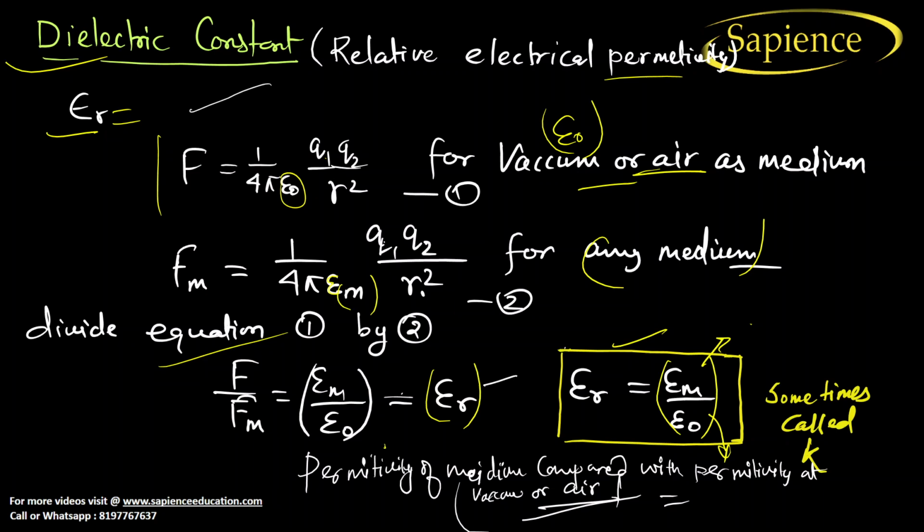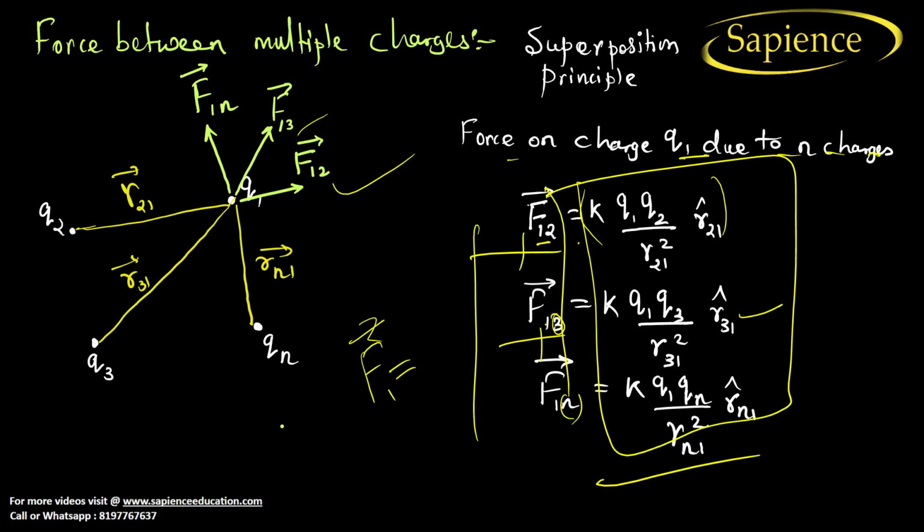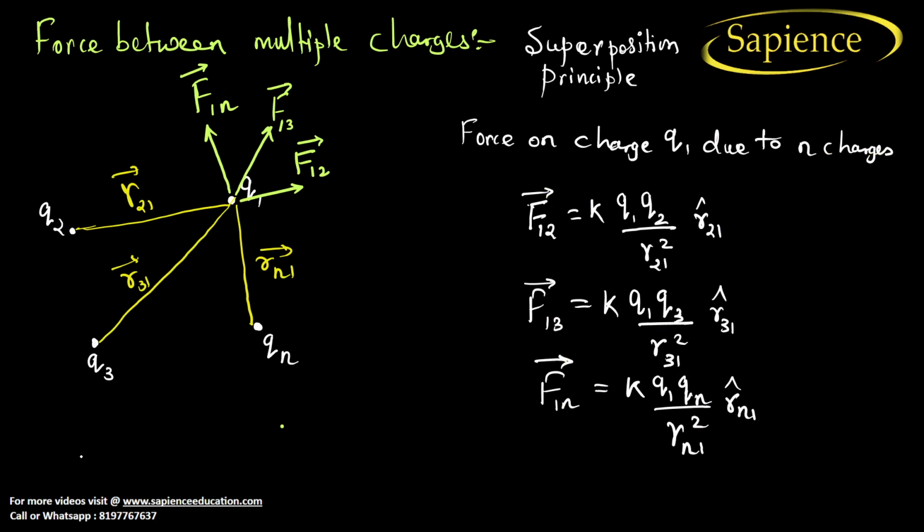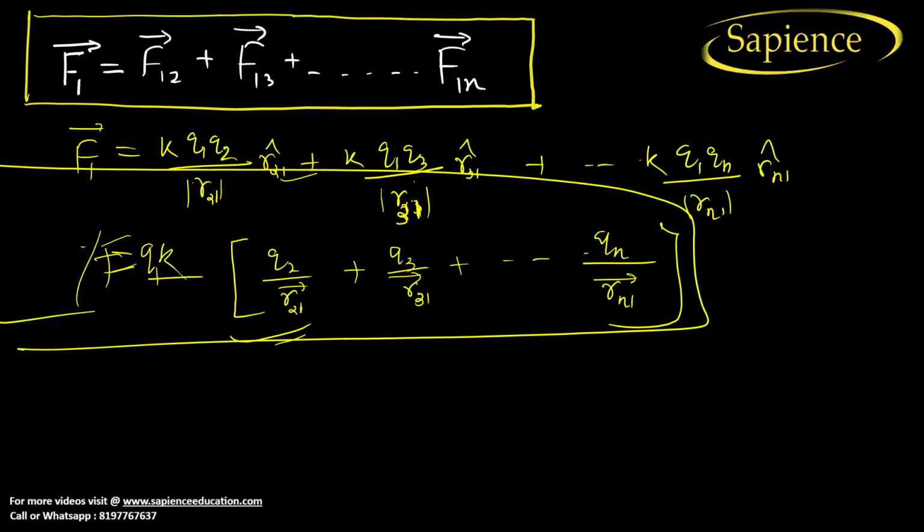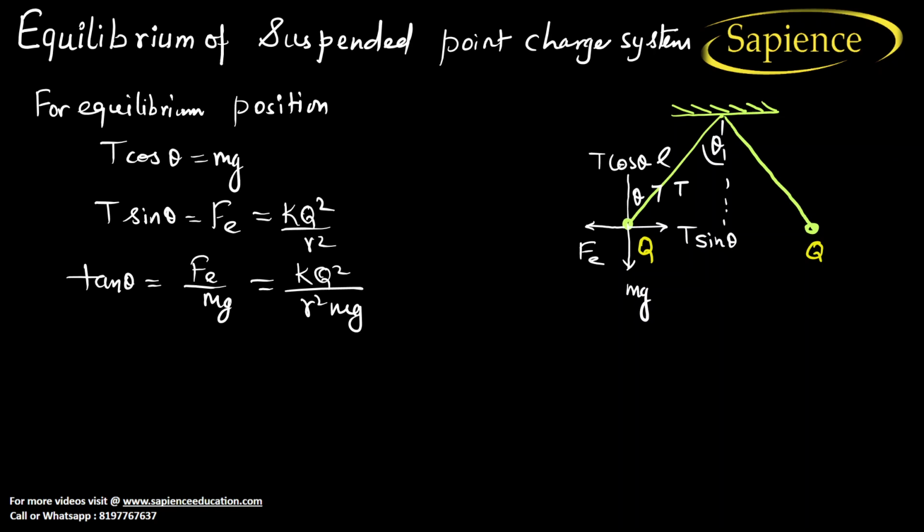Always use this reversing concept. What is the reversing concept? If there is 1 2, you have to write 2 1. If there is 1 3, you have to write 3 1. And if there is 1 n, you have to write n 1. Always just reverse so that you get the proper direction. I hope you have understood.